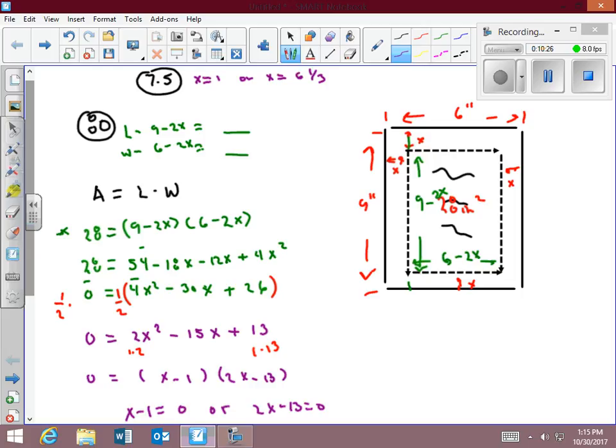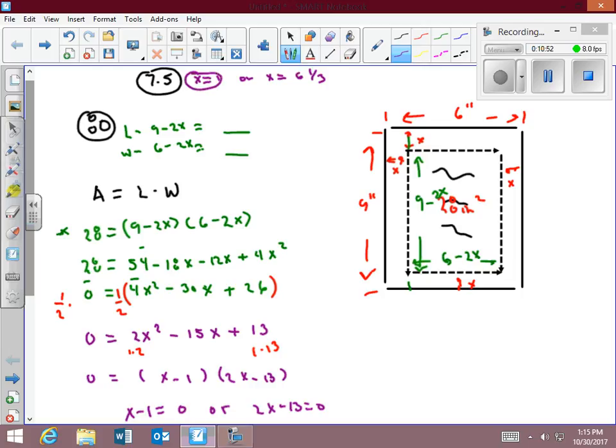And the width is going to be 4. 6 minus 2 times 1. If x is 6 1/2, then you got 9 minus 2 times 6 1/2. That's negative 4. That would be a negative length. Would there be such a thing as that? No. So you would insert the 1.